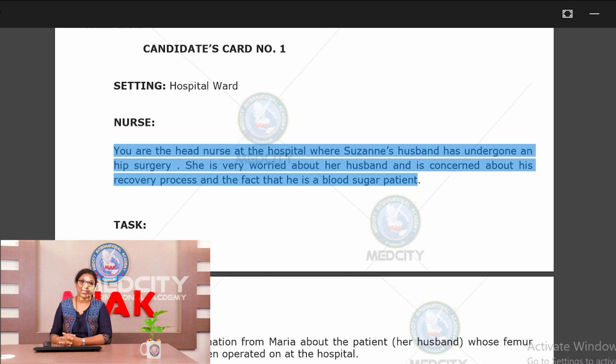So in such situations, you can begin your conversation showing the relation you already have with the patient or the patient's bystander. Here I can begin with a very friendly gesture or an expression to show that I am already friends with Suzanne, who is the wife of the patient.